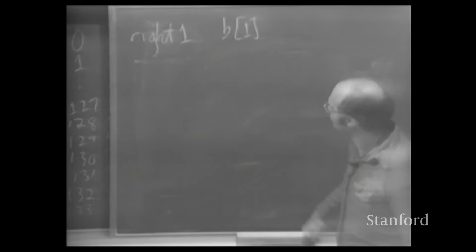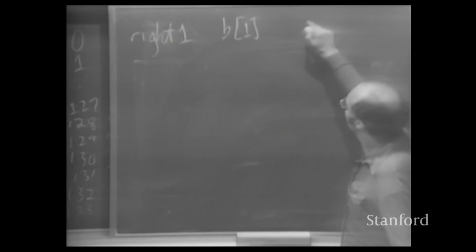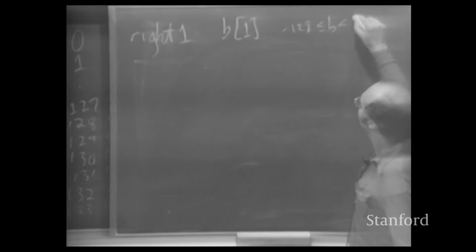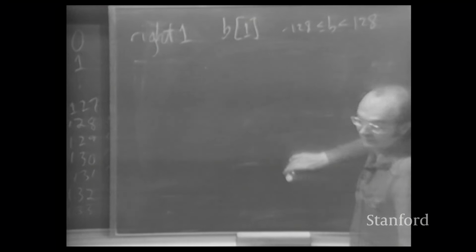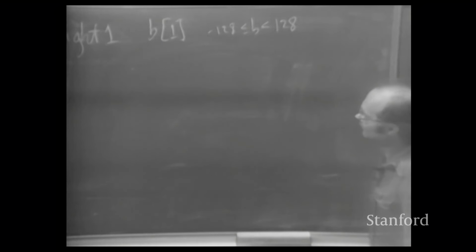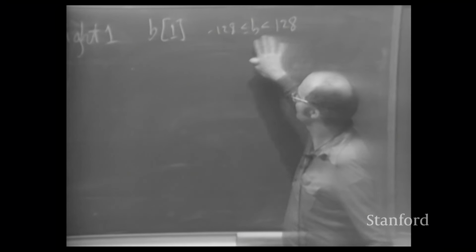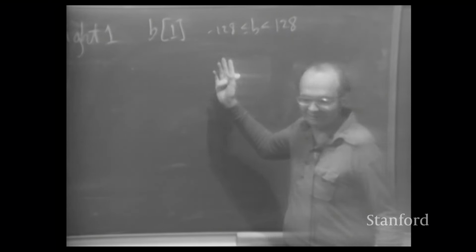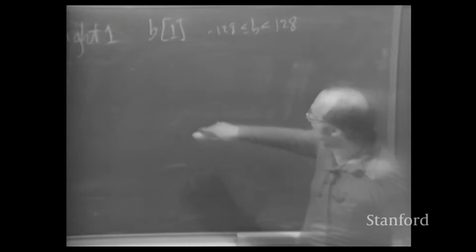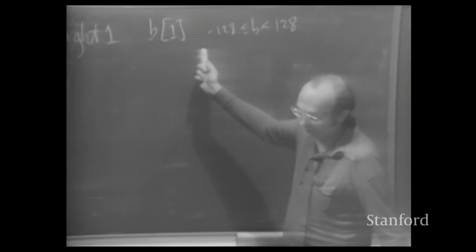In this case, b is a signed quantity, so this is greater than or equal to minus 128 and less than plus 128. In these commands where we're talking about motion, we use a signed number, so right might actually send you to the left, and the same with right 2, right 3, right 4, depending on how many bytes.